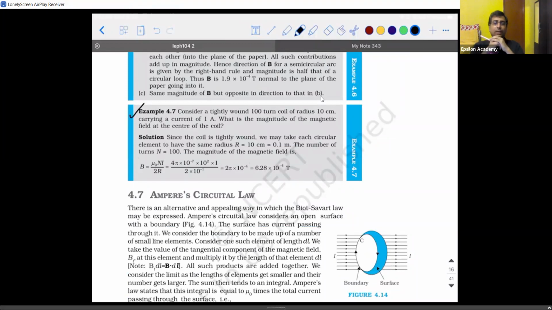Consider a tightly wound 100-turn coil of radius 10 centimeter carrying a current of 1 ampere. What is the magnitude of the field at the center of the coil? So capital N is 100, radius is 10 centimeter, current is 1 ampere. B is equal to mu naught N I divided by 2R.